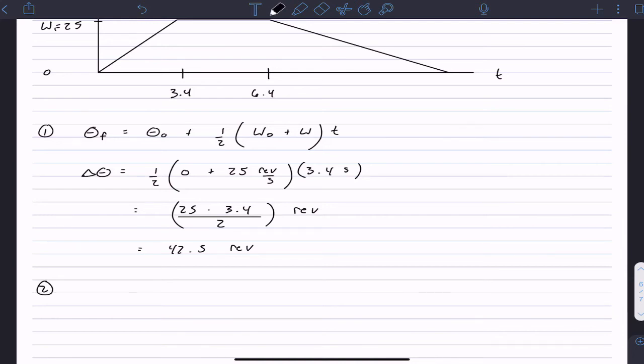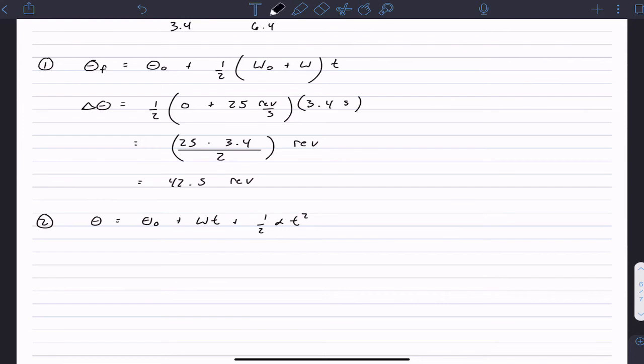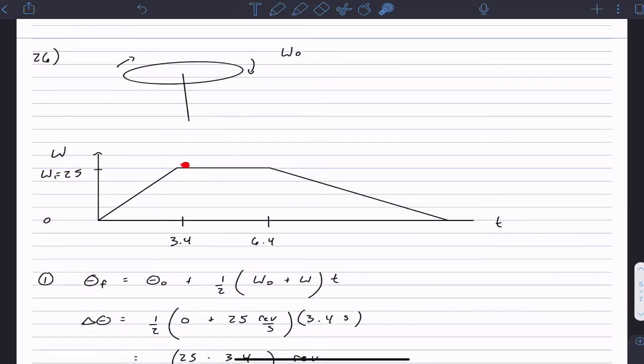Then next, we can use the equation that we're very familiar with: theta naught plus omega times t plus 1/2 alpha t squared. For this period, we're told that it stays at a constant angular speed for 3 seconds.